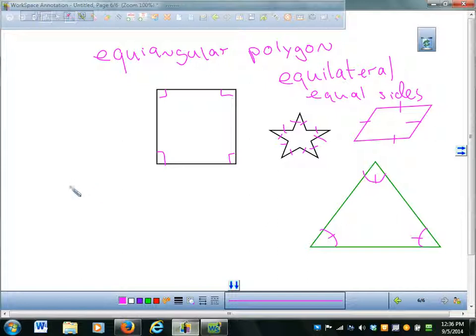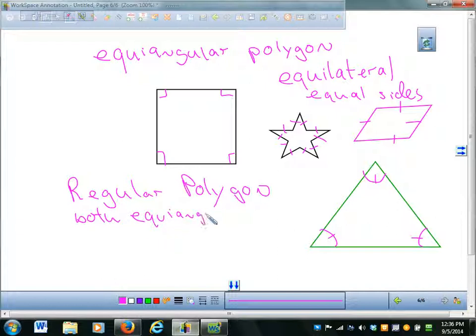Okay, last one, regular polygon. It's a polygon that is both equiangular and equilateral.